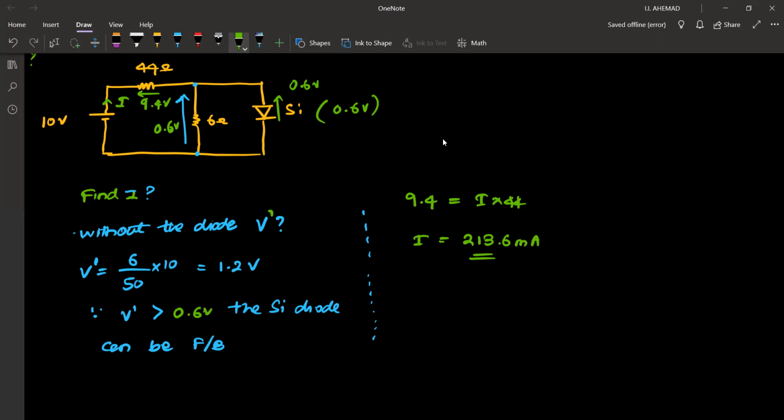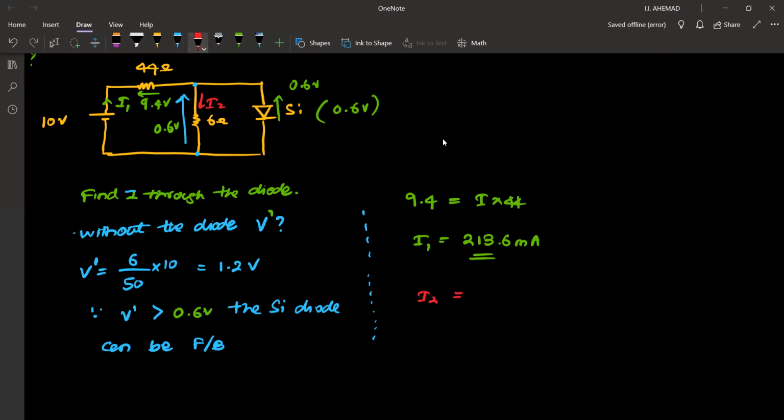Now let's say we want to find the current through the diode. Okay, let's change the question slightly. Find I through the diode. So let's take this one as I1. This is I1. Now let's find what is I2.